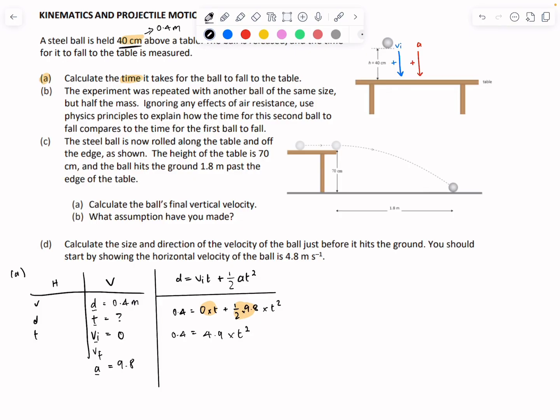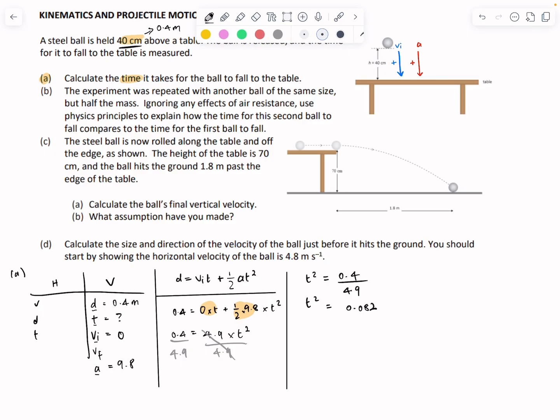To get rid of 4.9, we have to divide by it and then do the same on the other side. Then what we're left with is t squared equals 0.4 divided by 4.9, and that equals 0.082. But we don't want the time squared, we want just time on its own.